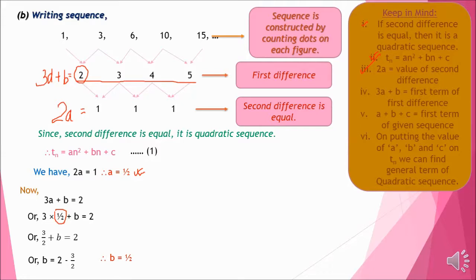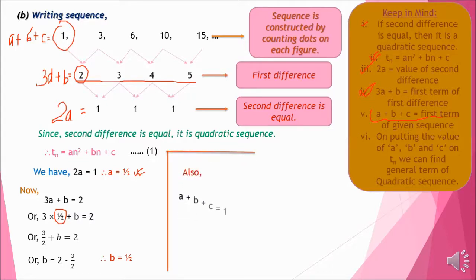Now c. If you see this step, we have done up to here. Now we have a plus b plus c is equal to the first term of the given sequence. That means a plus b plus c is equal to 1, that is the first term of the given sequence. Exactly the same we are going to apply.